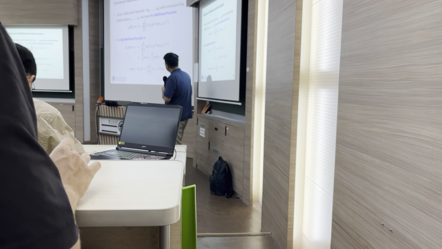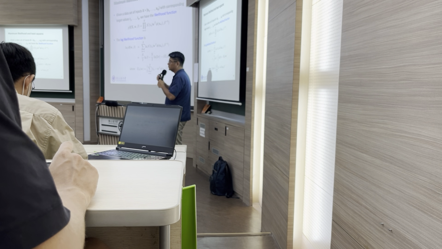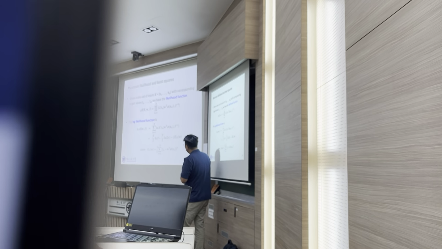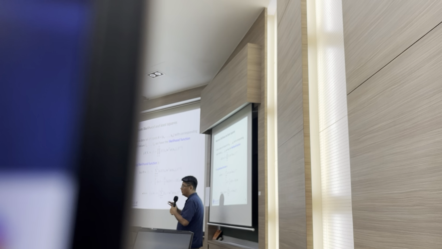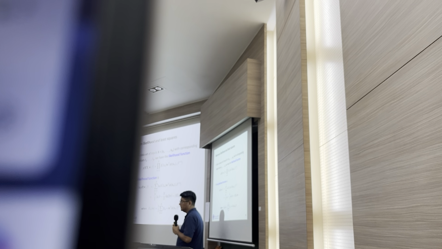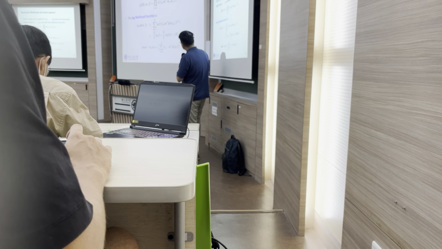So the likelihood for the whole training set is the product of individual likelihoods, because all the training data are independent and they are sampled from the same distribution.